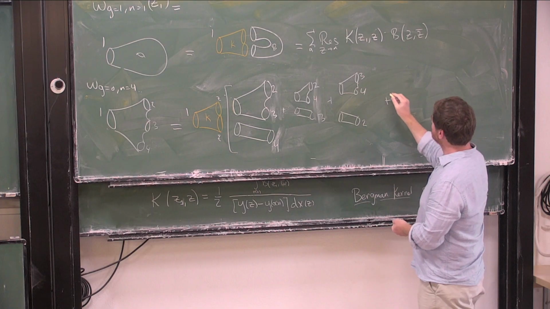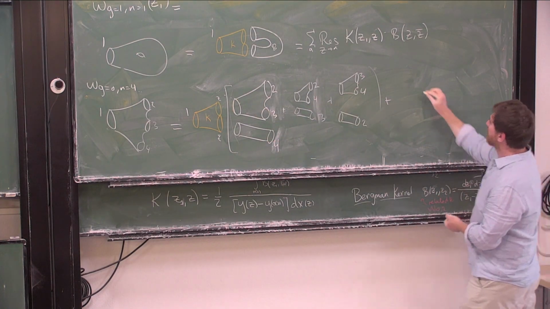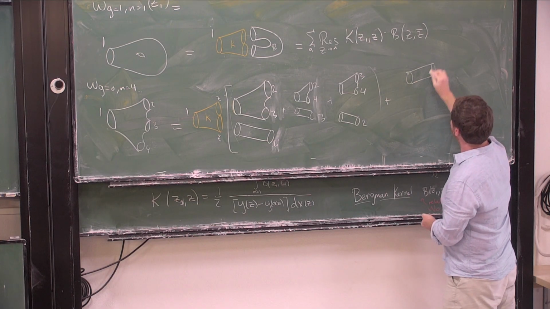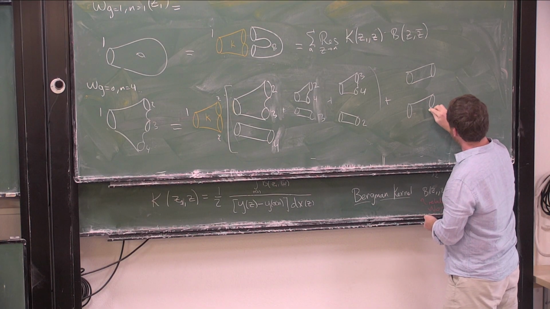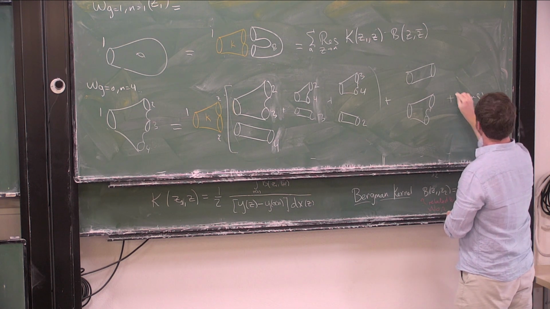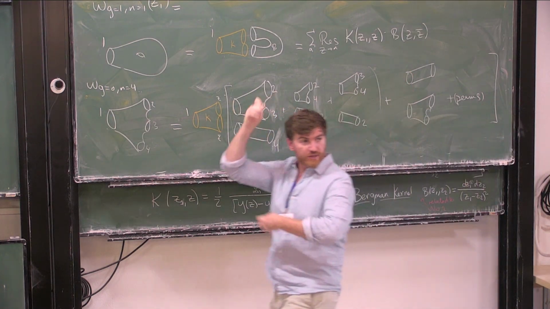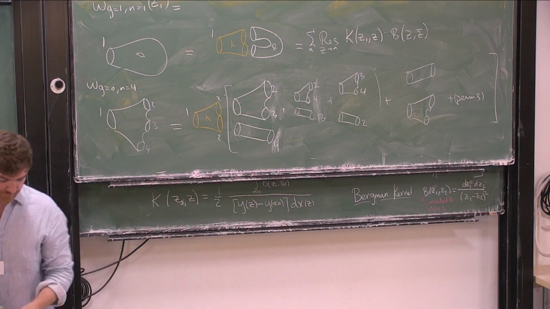And then, of course, what we can do is we can take the same permutations, but now we switch with the cylinder on the top and W03 on the bottom. Is that clear? So you really have to sum over all possible ways of splitting up that surface.